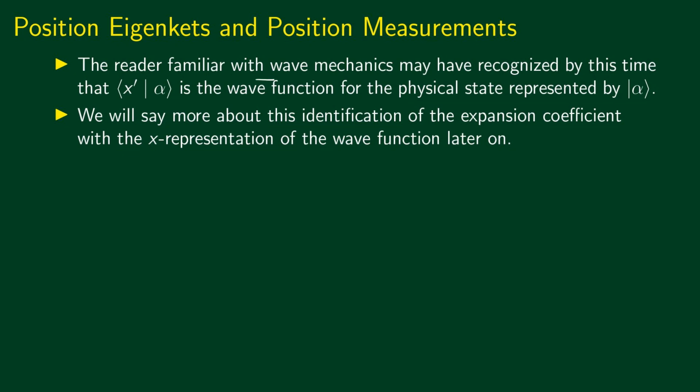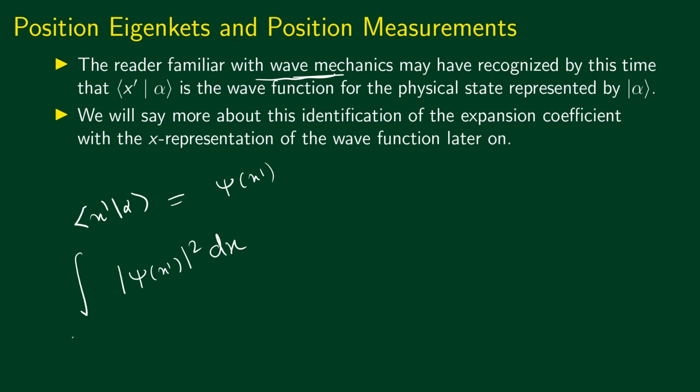Now if you have studied wave mechanics, you might have recognized by this time that ⟨x'|α⟩ is nothing but the ψ(x') that you talked about when you studied wave mechanics. Over there we defined |ψ(x)|² as the probability density, and if the state is normalized, that would mean that the integral from minus infinity to infinity of |ψ(x')|² dx is equal to 1.